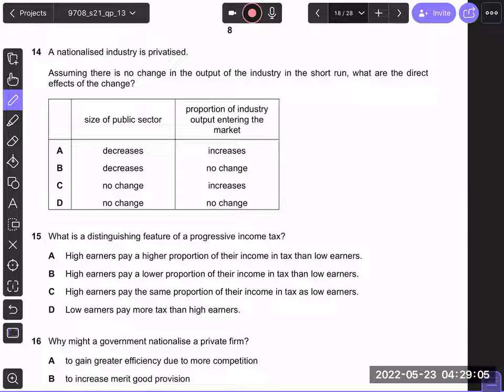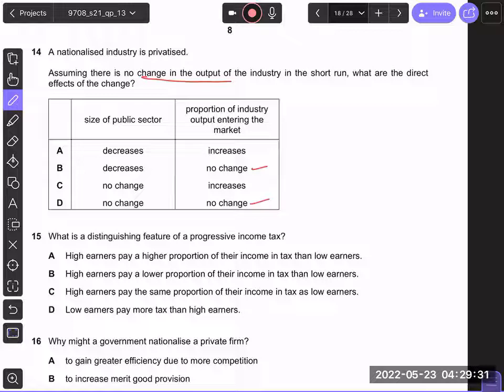Size of the public sector: decreases, no change. Proportion of industry output entering the market: increase, no change. The proportion of the industry output will not change in the short run. Why? Because it is already mentioned, assuming there is no change in the output. But what will happen to the size of the public sector?